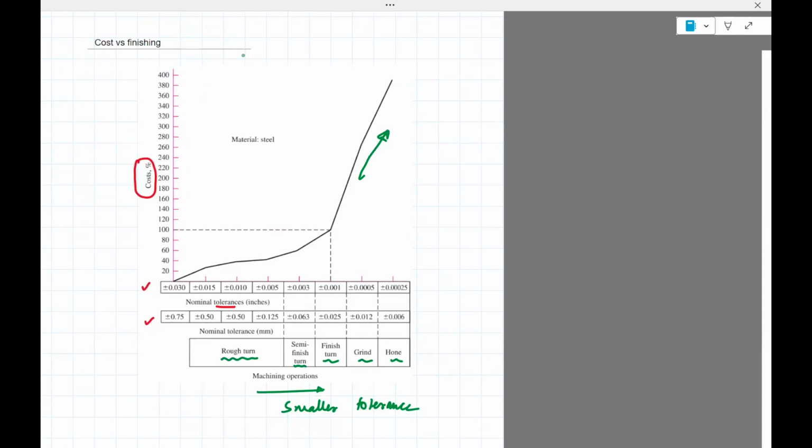It actually goes up almost exponentially. It sort of looks like that once you get to finish turning, grinding, and honing, because first of all, you require more equipment to do it. The second thing is you require more time to do it, and all those things cost more money, right? So if possible, you want to just limit yourself to whatever minimum is needed, rough turns, semi-finished turns.